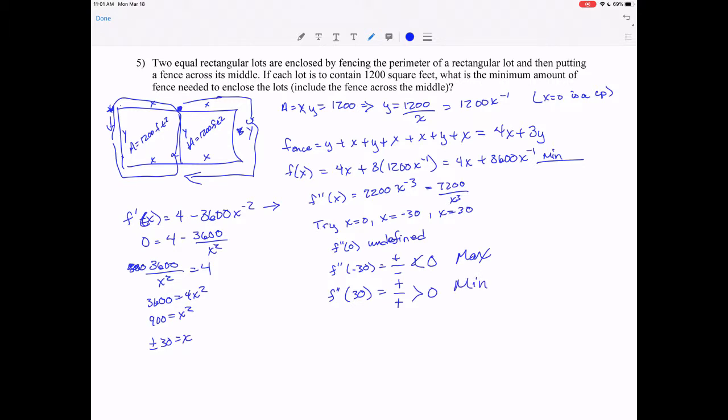All right? So now what I need to do is find my y value. If y equals 1200 divided by 30, that's 40. And I need to find my fence. So my fence is 4 times 30 plus 3 times 40, so that's going to be 240 feet.